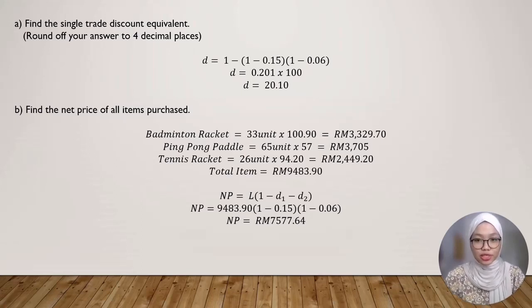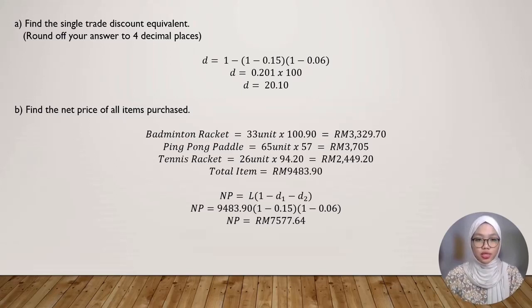The next question is 2B. Find the net price of all items purchased. Badminton racket equal to 33 unit multiply 190 cent equal to 3,329 ringgit 70 cents. And the second item is ping pong paddle equal to 65 unit multiplied by 57 ringgit equal to 3,705 ringgit.